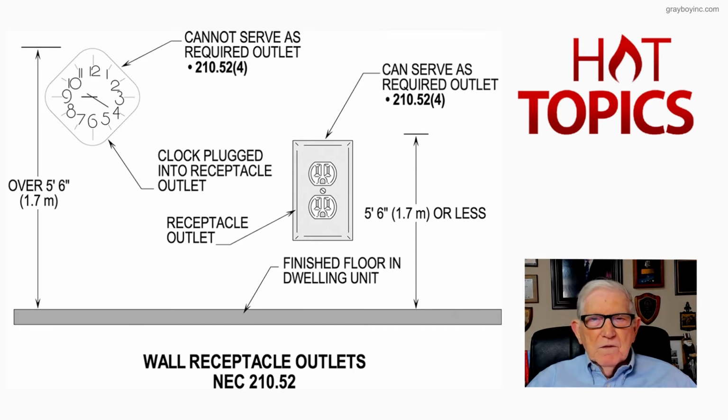But notice the wall outlet for the clock. It's over 5 foot 6 inches from the floor, and it's not considered one of the required outlets of 210.52, item 4. And that's what this figure is illustrating, what is considered a wall outlet and what is not, to the user of the NEC.